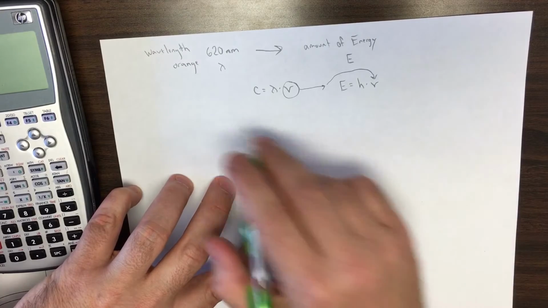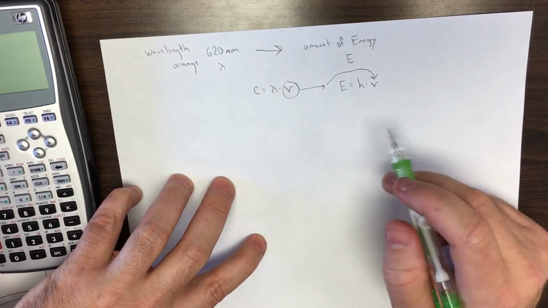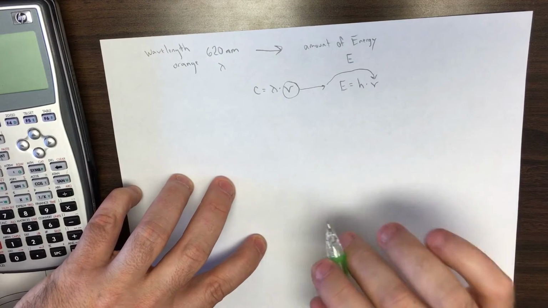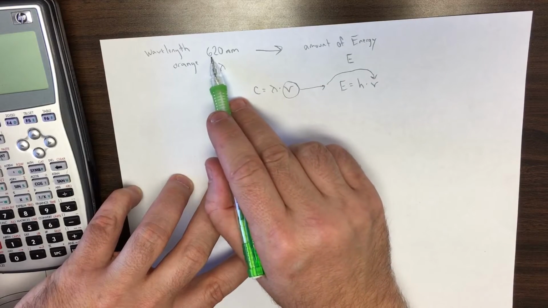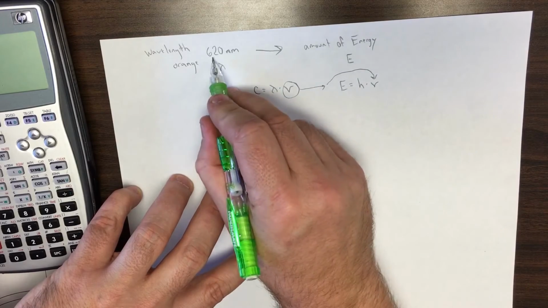The first thing you're going to notice is that you have your wavelength in nanometers. You need to change that to meters. You can just do that in Google if you forget, but when you have these hundreds, so this is a 620 nanometer, it just shifts. You put the decimal point right there.